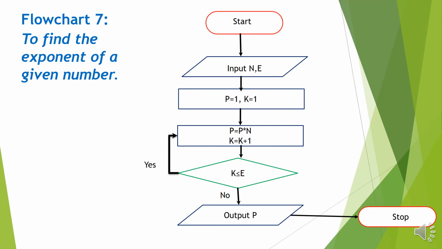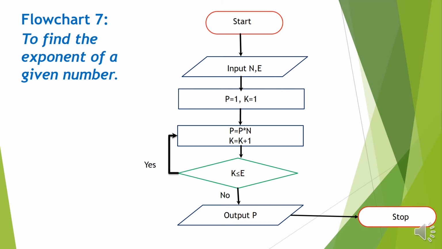In the next step we have the condition in which we have to check whether the value of k is less than or equal to the exponent. Means we take the k value and compare it with the exponent variable.